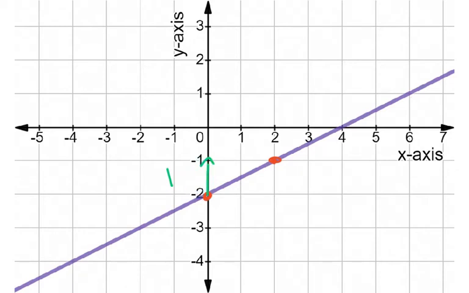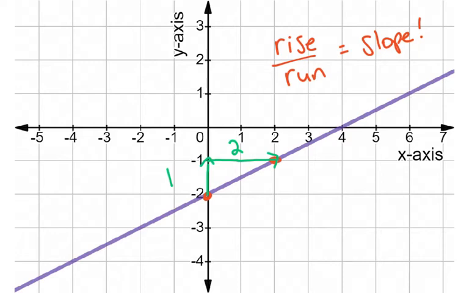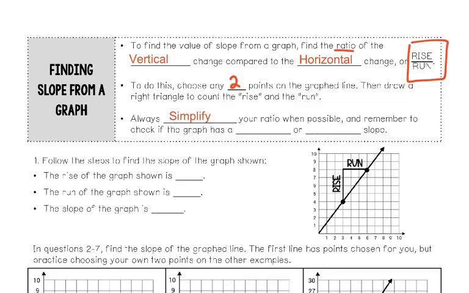And then I went to the right, 1, 2. That's my run. So I went up 1, over 2. Since slope is just a ratio or a fraction of my rise over my run, my slope is literally just 1 over 2. Up 1 over 2 to get from point to point. The last step says to always simplify your ratio or fraction when possible.